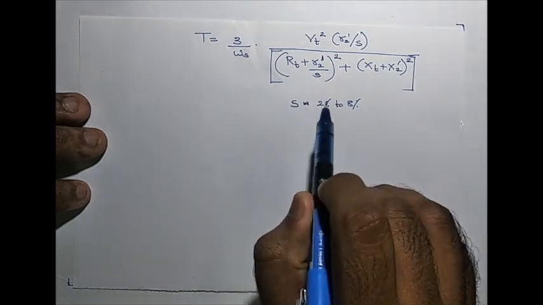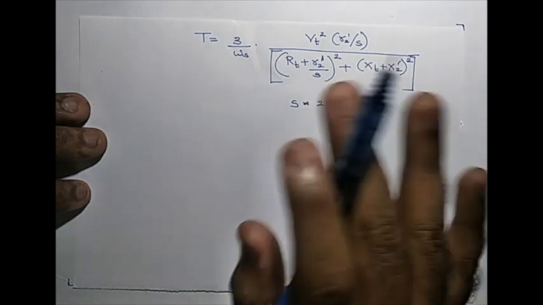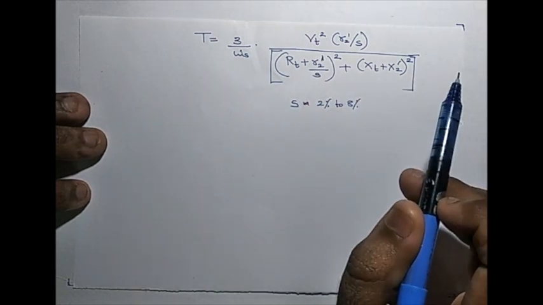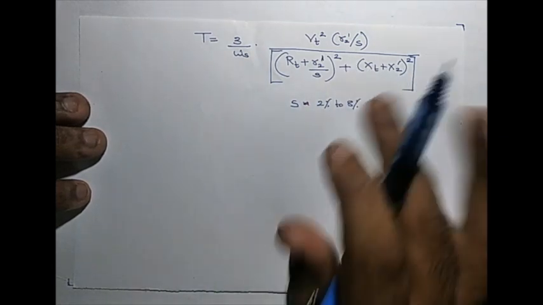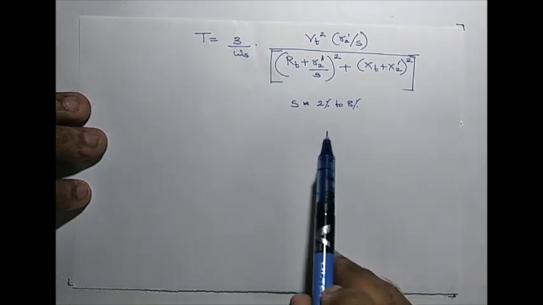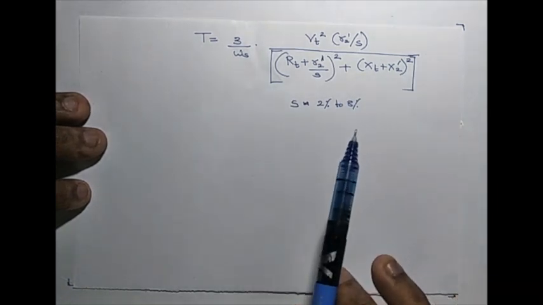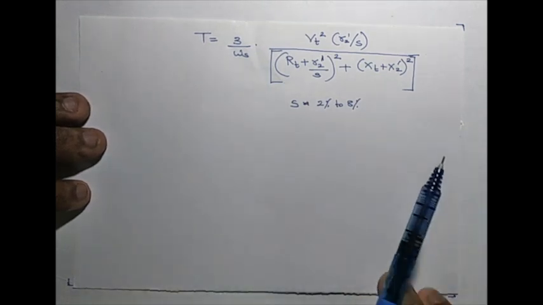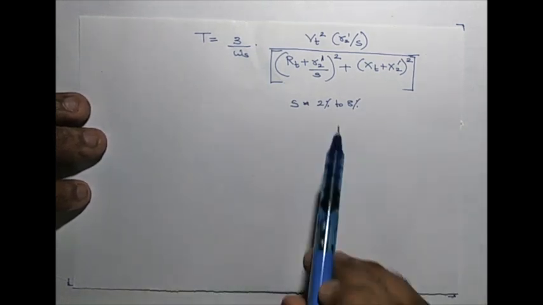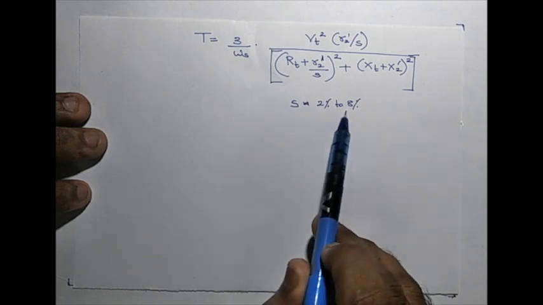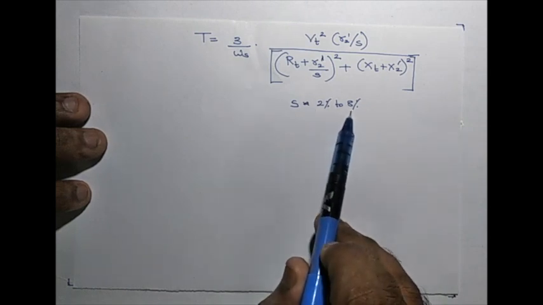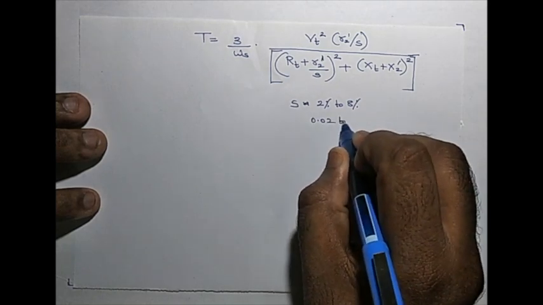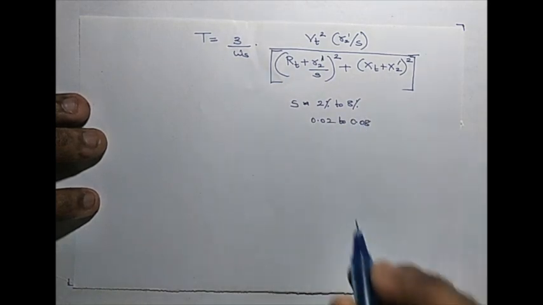That is because the induction machine can be regarded as more or less a constant speed machine, since from no load to full load the drop in speed is not substantial. In that sense, it can be considered like a DC shunt machine, where the speed is more or less constant with a small drooping characteristic. That is why slip is a small quantity, 0.02 to 0.08.